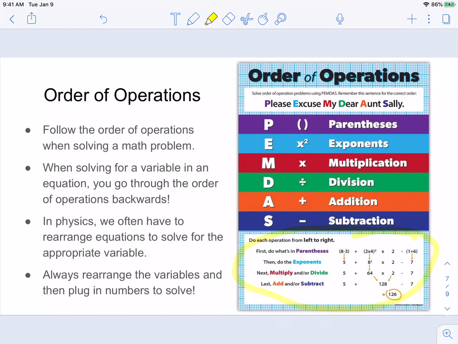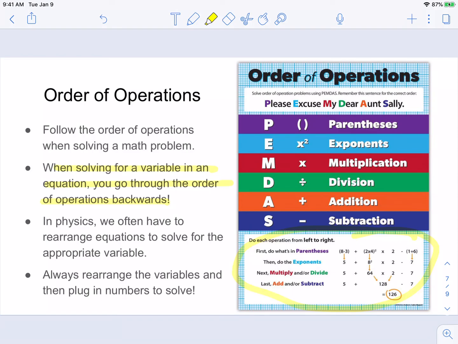Well, here's the big deal. When we're trying to solve for a variable in an equation for a physics class, and folks, we do this almost every day, you need to realize that we actually do the order of operations backwards, because we're trying to isolate a variable. We're not going through and calculating a number like we're showing here in this sheet.